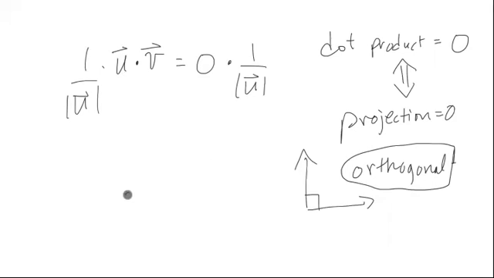Dot product is also very useful when you're thinking about angles. Say you have V and U, and you want to compute the angle between them.